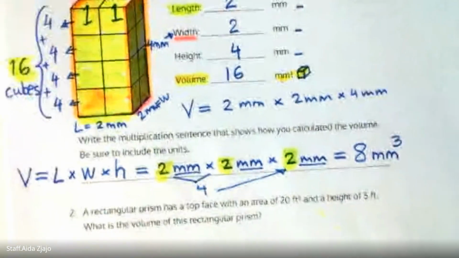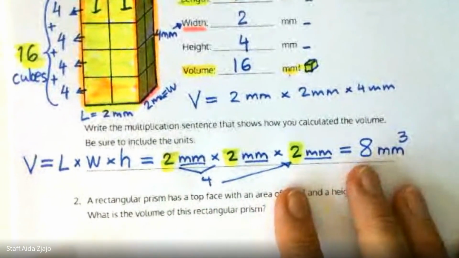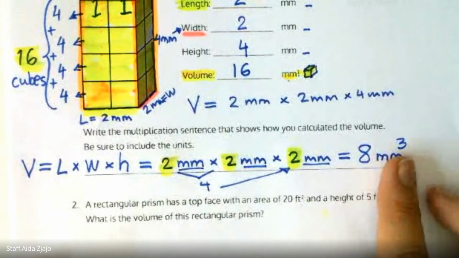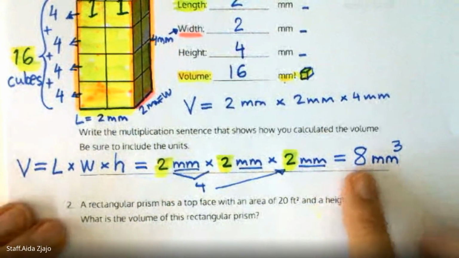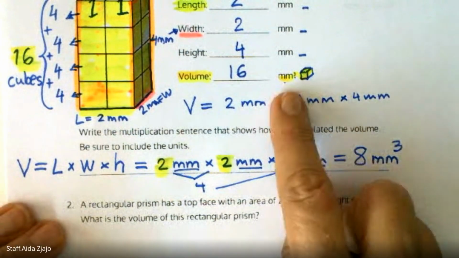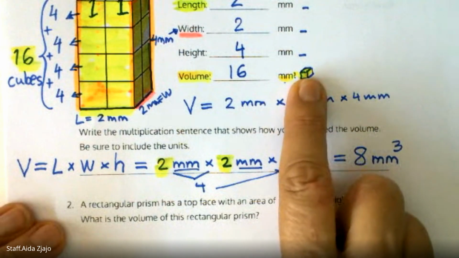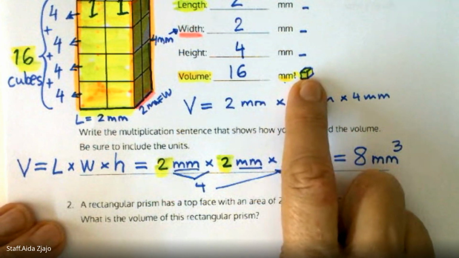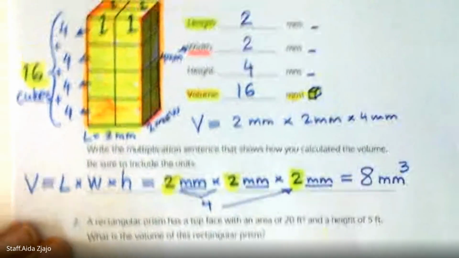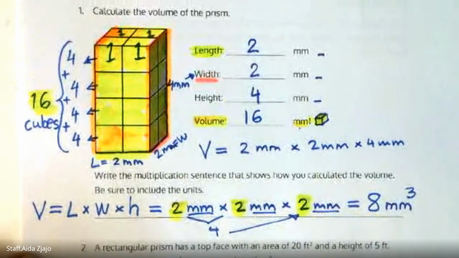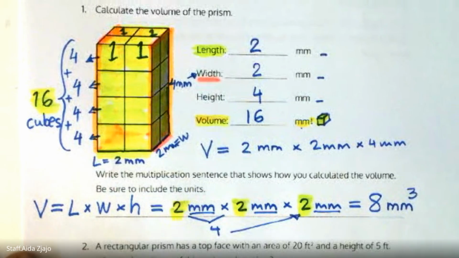So finally, our volume is 8 cubic millimeters, which means that we have 8 cubes that we calculated. They are the size of millimeter by millimeter by millimeter. All right, I hope that helps you to understand it.